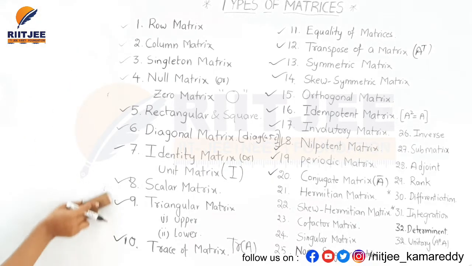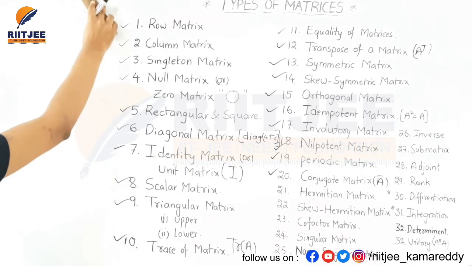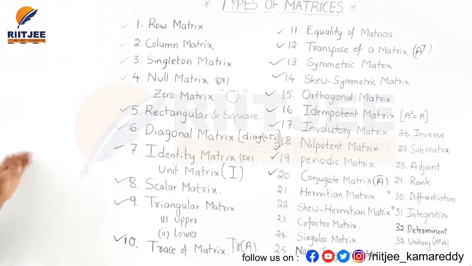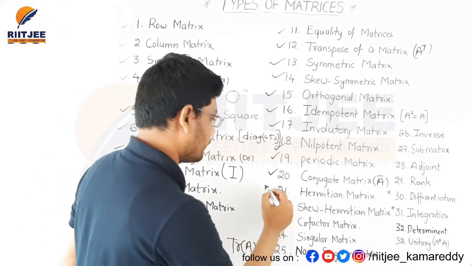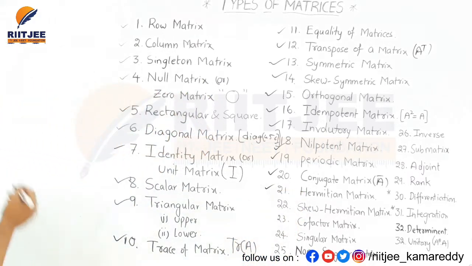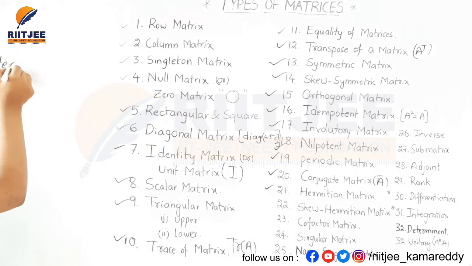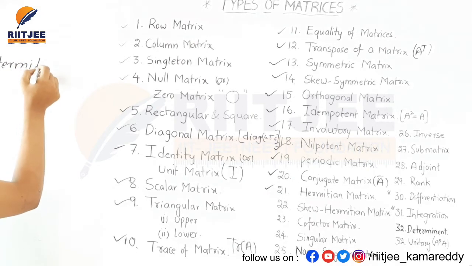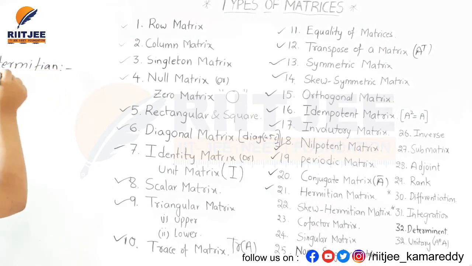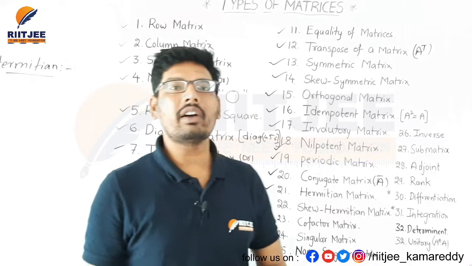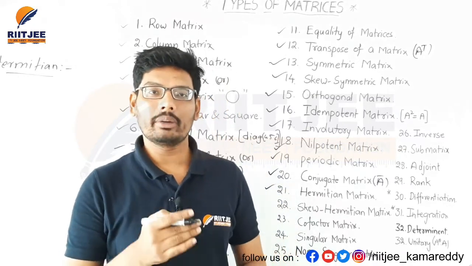And the next type of matrix is the Hermitian matrix. The transpose of a conjugate matrix is called a Hermitian matrix.